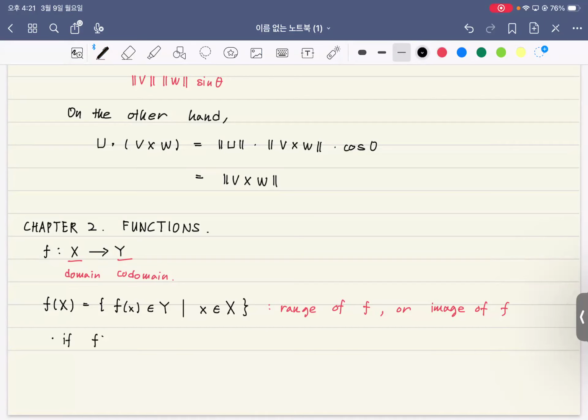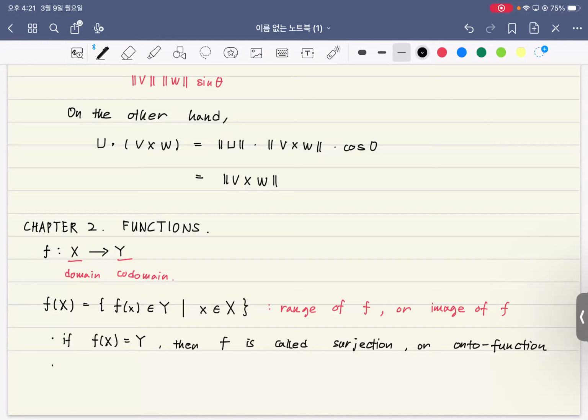If the image of f is the same as Y, then f is called a surjection, or surjective function, or onto function. All these terminologies are widely used in mathematics, so you had better know this.